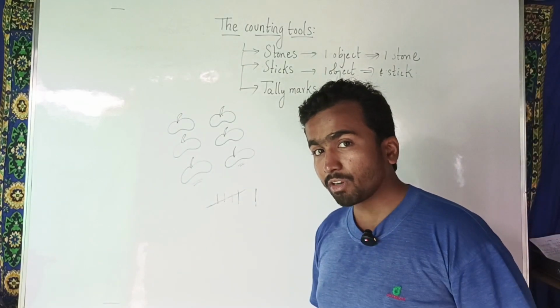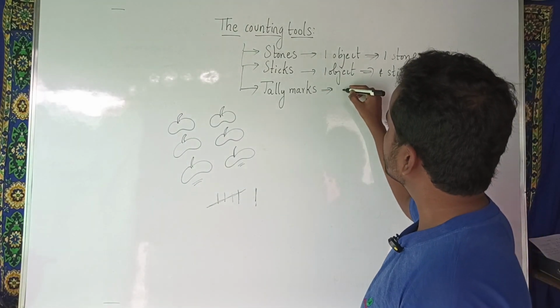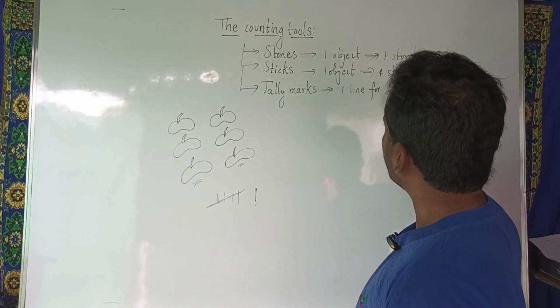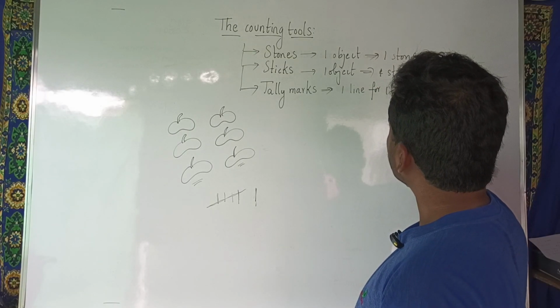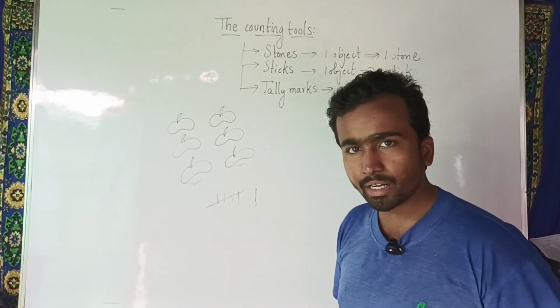This is the aspect of tally marks. One line for one object, right?